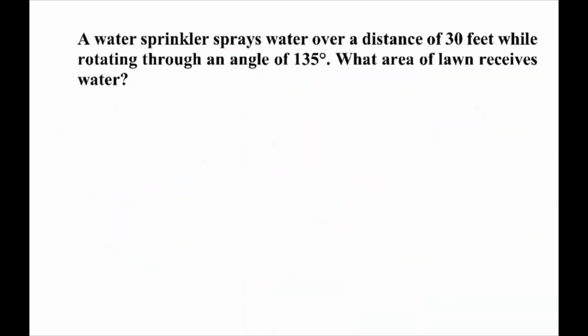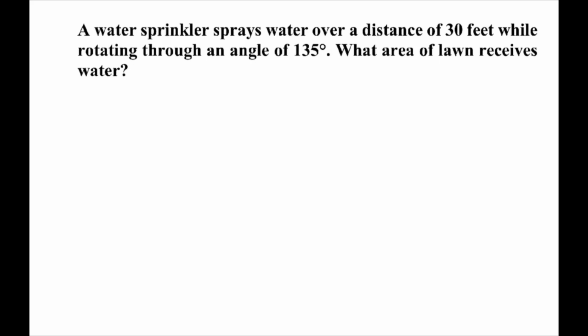Now, in this question, a water sprinkler sprays water over a distance of 30 feet while rotating through an angle of 135 degrees. What area of the lawn receives water? Now, let's draw that sprinkler. It's here, where the water sprays all the way over this lawn, covering an angle here of 135 degrees, covering this area.